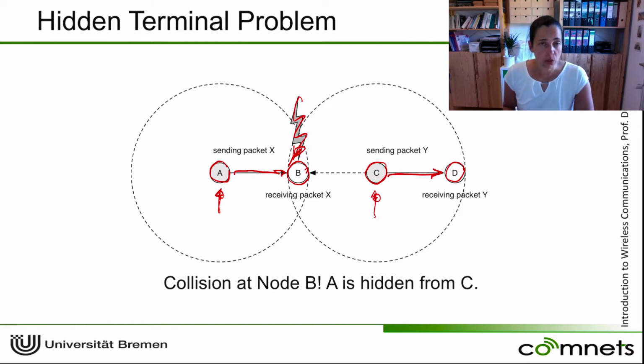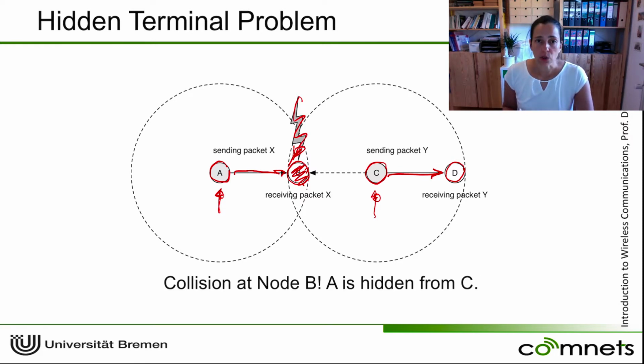And one possibility to solve this problem is to somehow let node B tell everybody around it that it will be receiving a packet soon, and that everybody else should please be silent in that time.